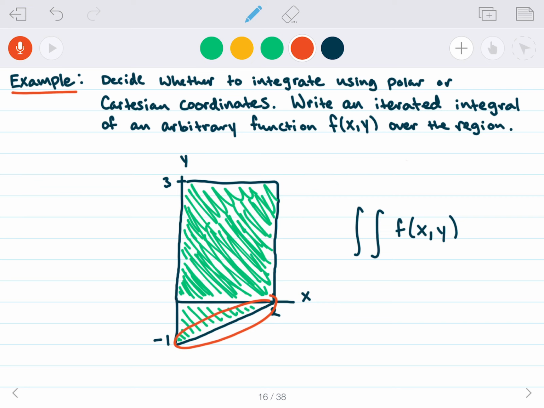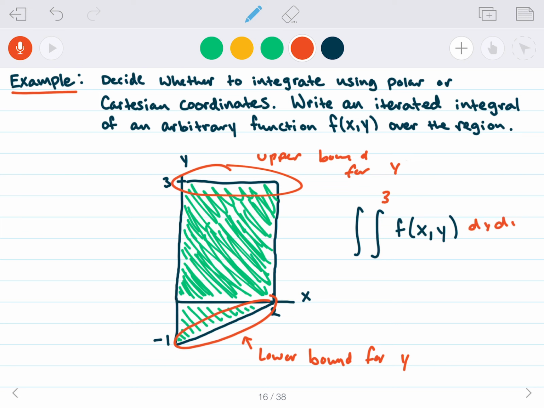Right? Seems to be a function of x. This is our lower bound for y. This is our upper bound for y. So we can see that the upper bound is 3, and we can do dy dx.